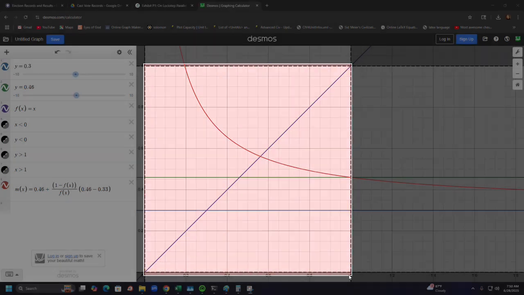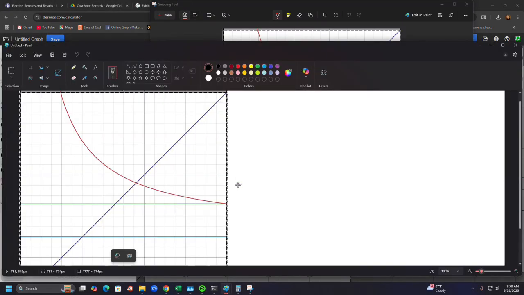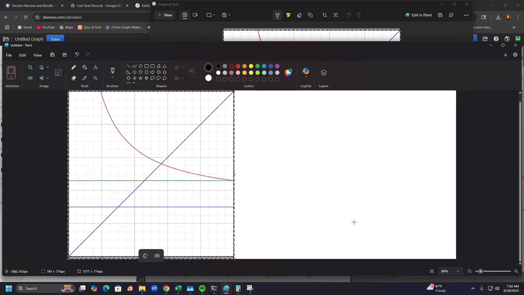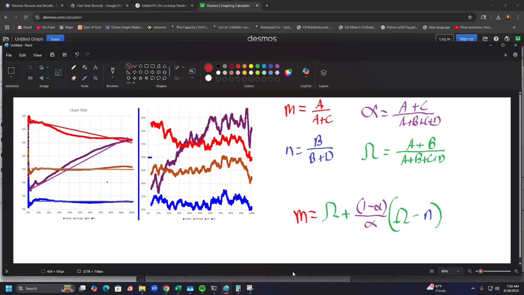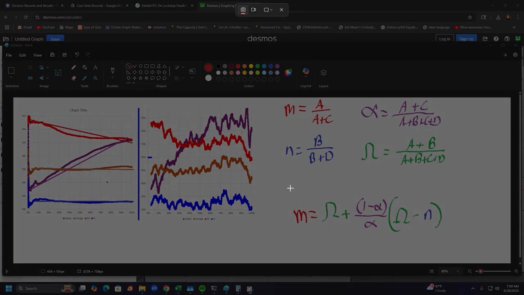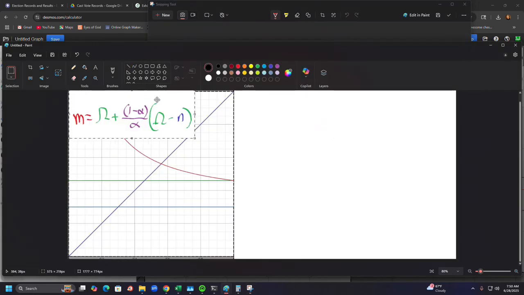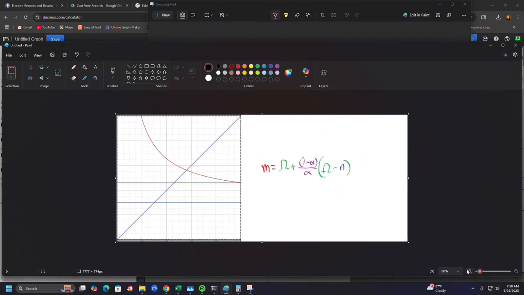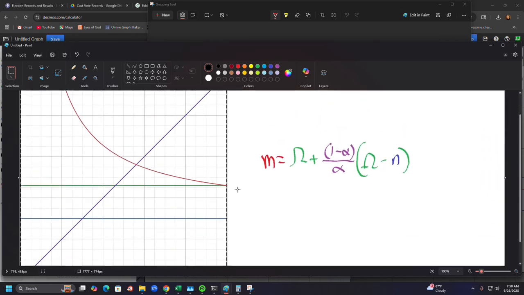So then we have here, if we bring that into paint, what this law says is that the Republican opposed percentage is equal to the green line.